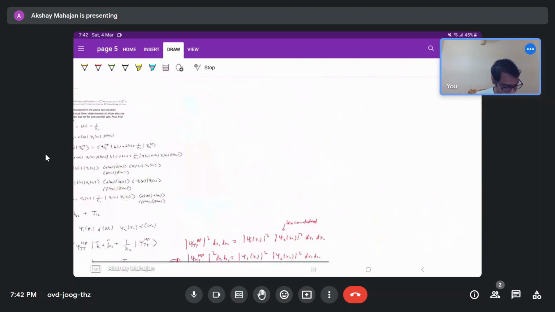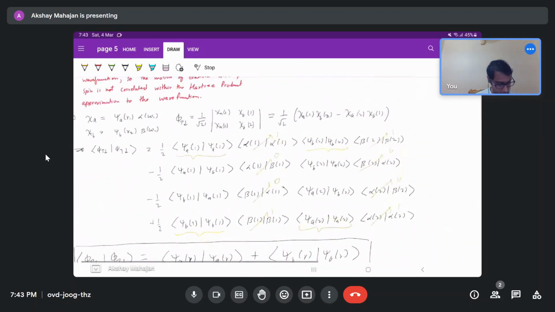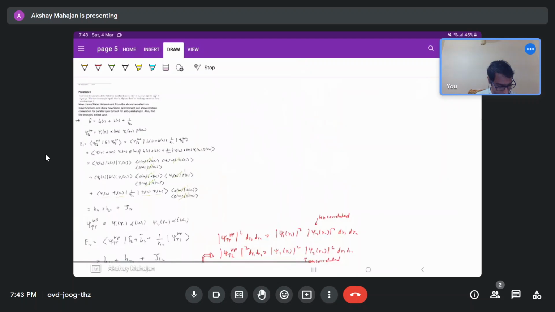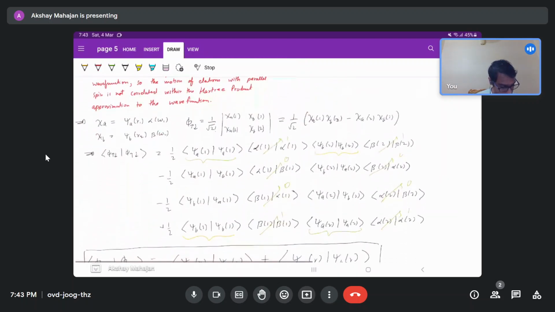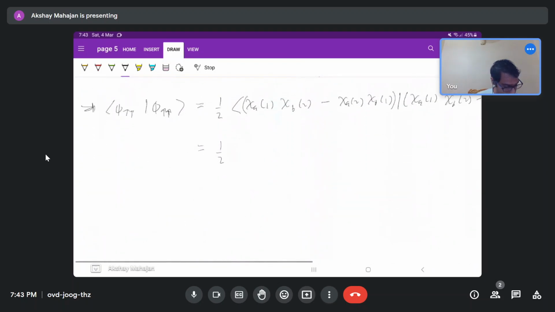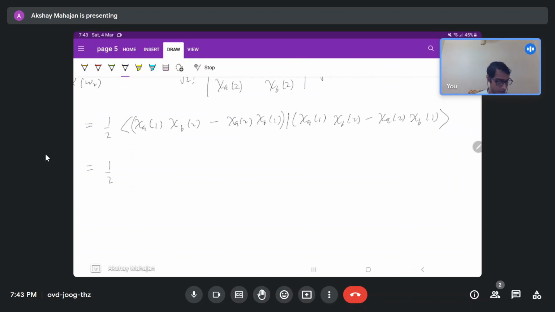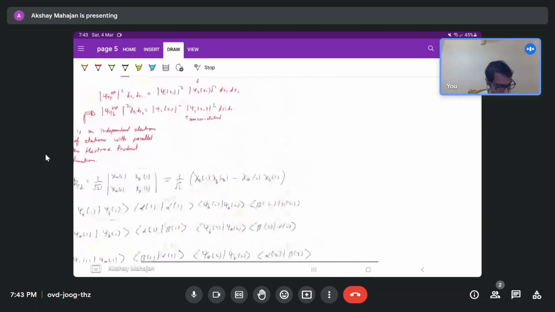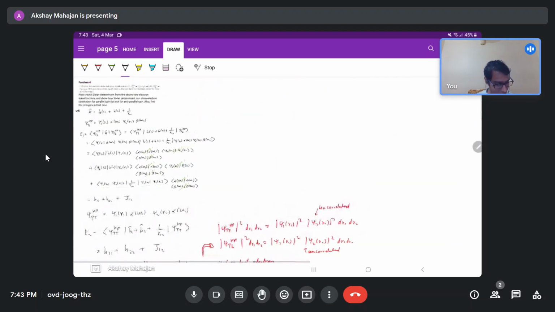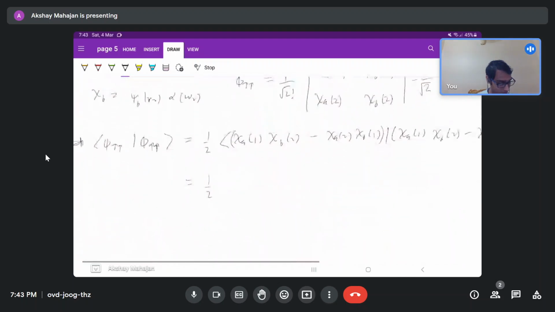I was already zoomed out, so some of this is small, and later on everything became big. So, sorry about that.